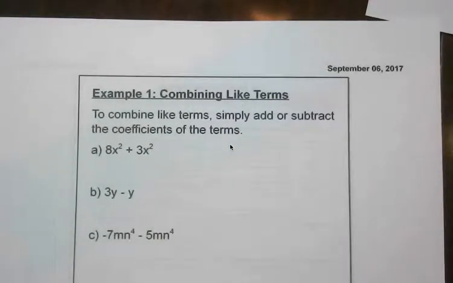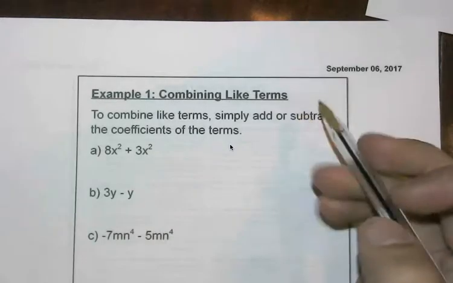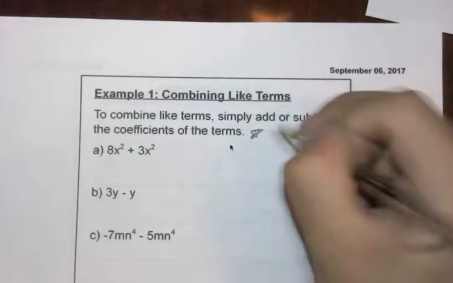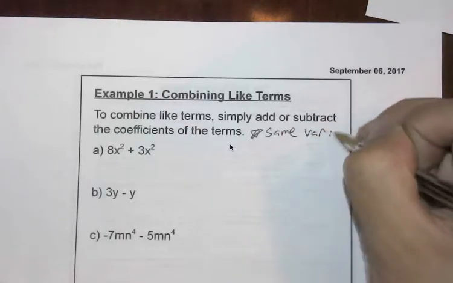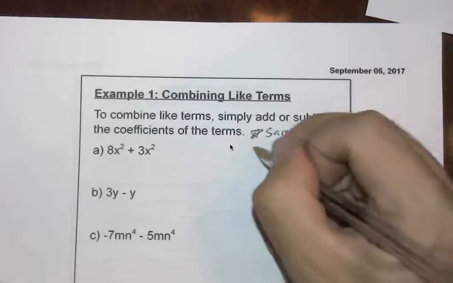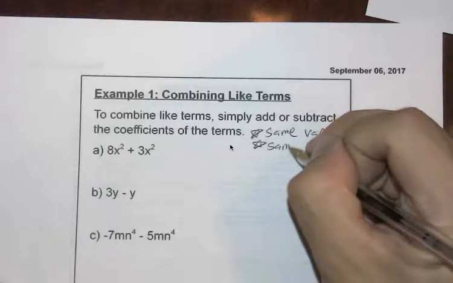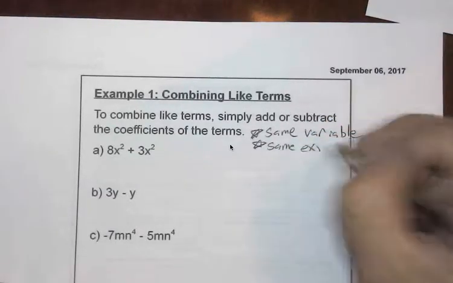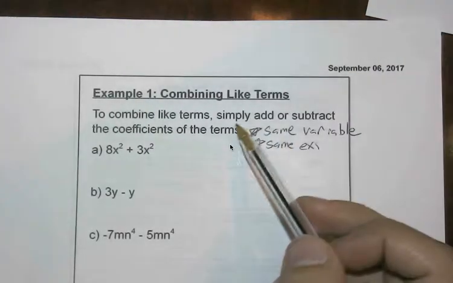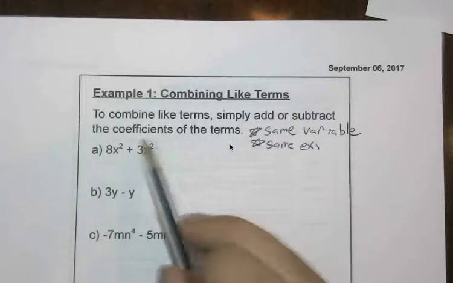In addition to noting when we're working with like terms, we can also combine like terms. And so again, this happens if we know that we have the same variable along with the same exponent for the term. And so once that happens, as mentioned here, it's simply just going to add or subtract the coefficients of the terms.